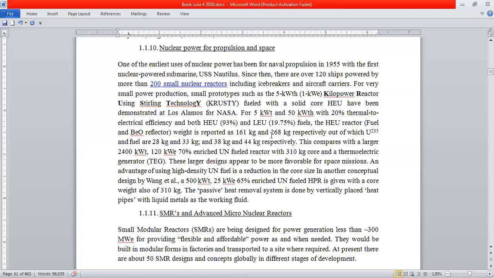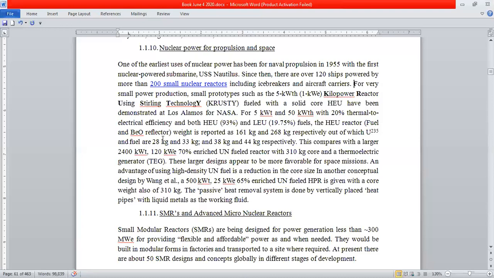as 161 kilograms and 268 kilograms, respectively, for the 5 and 50 kilowatt thermal, out of which the U235 and fuel are 28 kilograms and 33 kilograms for the smaller one, and 38 and 44.